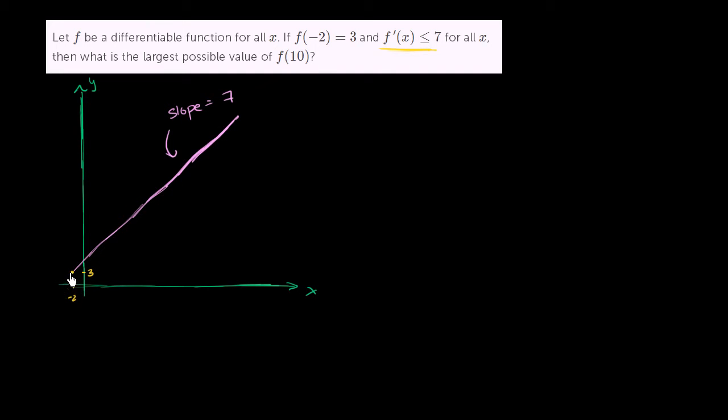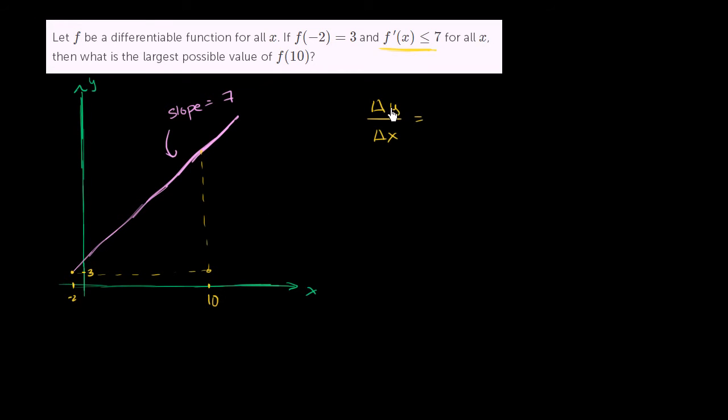And so if our slope is equal to 7, where do we get to when x is equal to 10? When x is equal to 10, which is right over here, well, what's our change in x? Let's just think about it this way. Our change in y over change in x is going to be what?